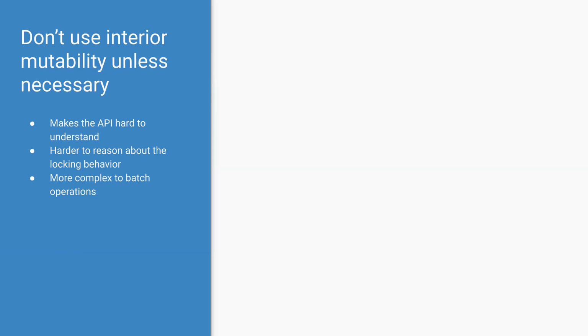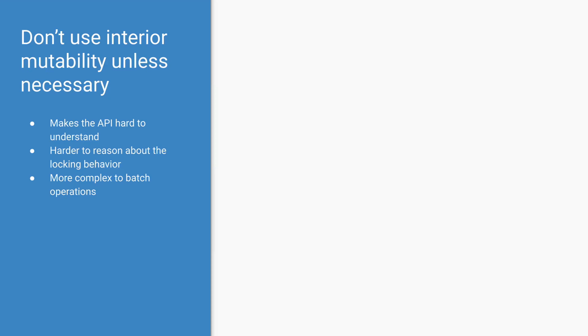And the third thing we learned is to not use interior mutability in Rust unless there's no other way to do it, because interior mutability will make the API hard to understand, because you cannot tell from the API whether an operation will actually mutate the state of the structure.